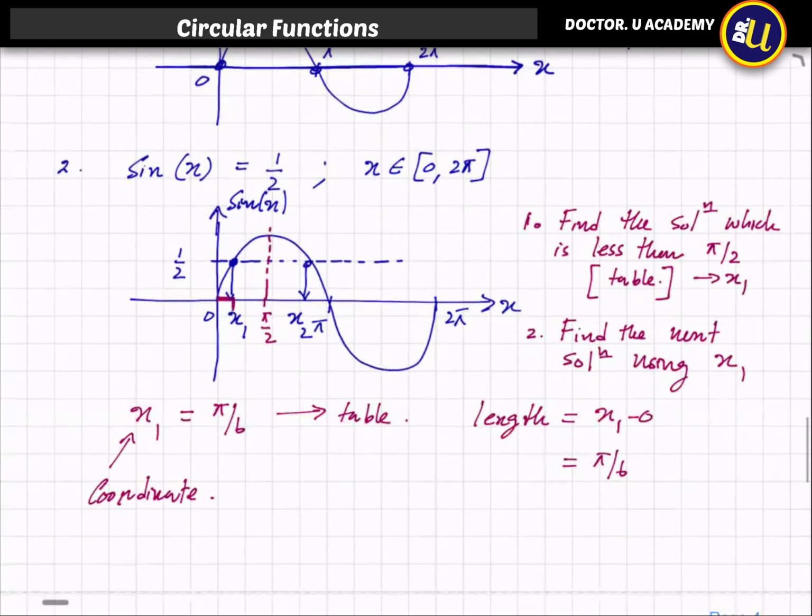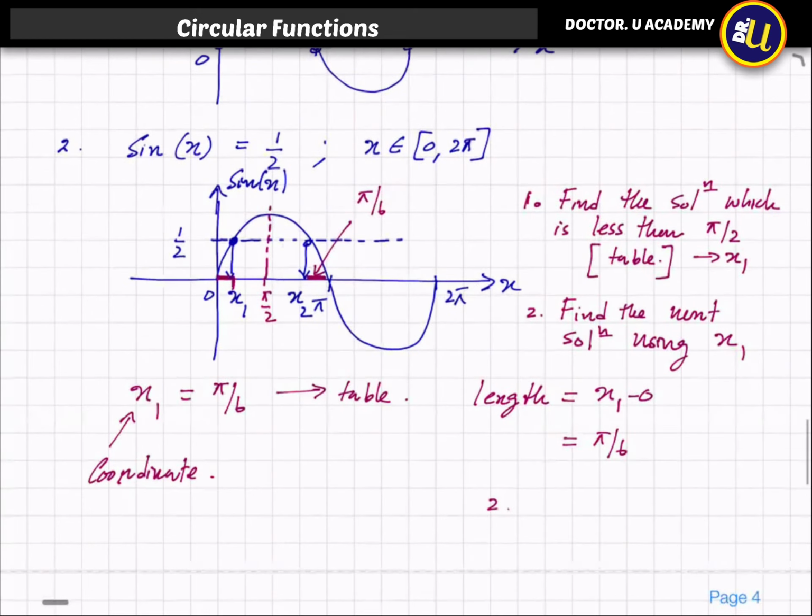Now you will see, due to the symmetry of this sine function, my drawing is ugly, but this distance would be pi on 6 due to what? Symmetry. So that's why I told you in the second statement, find the next solution using x1. So x1 will help you to find the length, which is pi divided by 6.